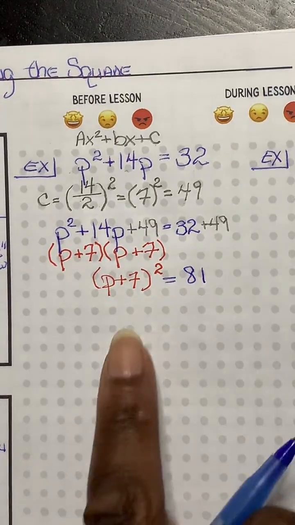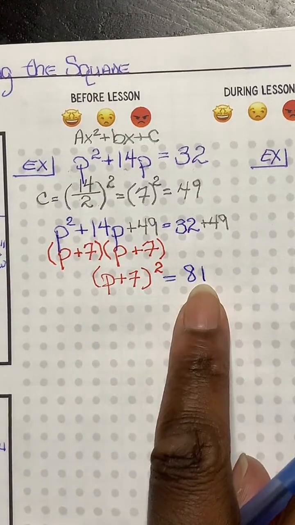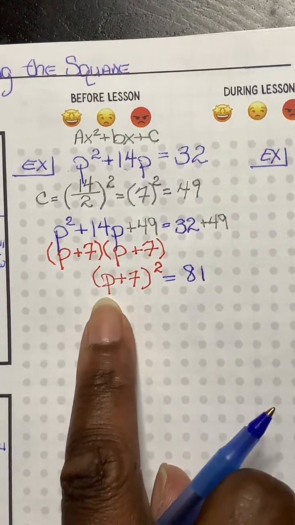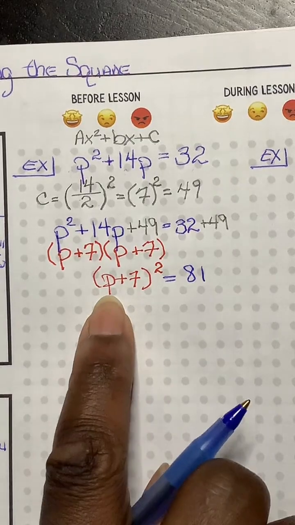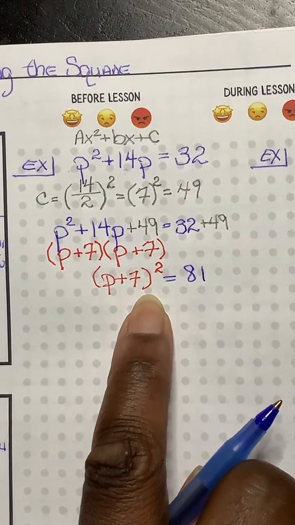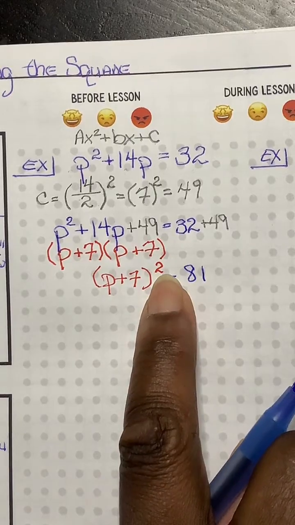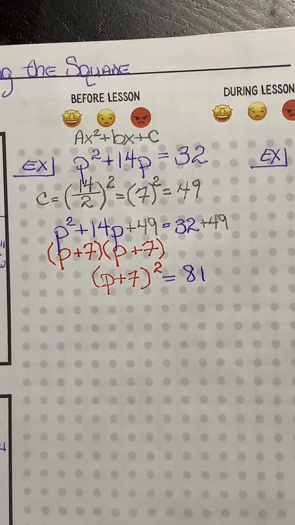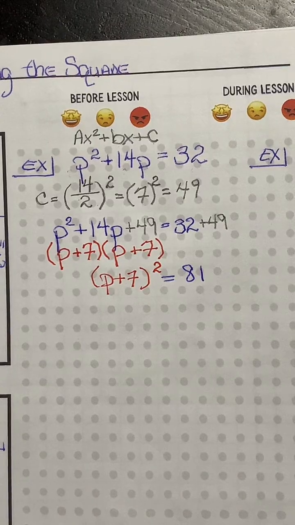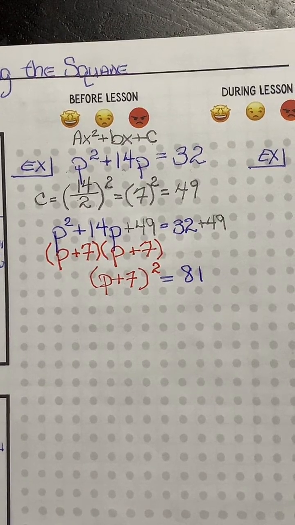Okay. So now I want to basically solve for p. But right now I got p plus 7 inside this parenthesis and it's being squared. You don't have to subtract that. No, I don't.